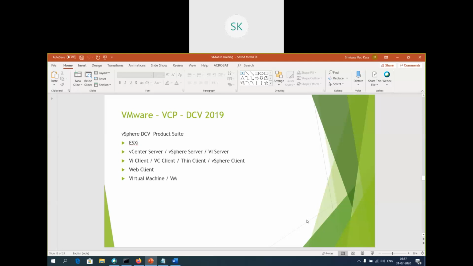Whoever completes the VMware authorized training then attends a test, and those who pass the test are certified as VMware Certified Professionals. We'll talk about that later. Coming to the topic, VMware data center virtualization, what are the components coming into the picture?